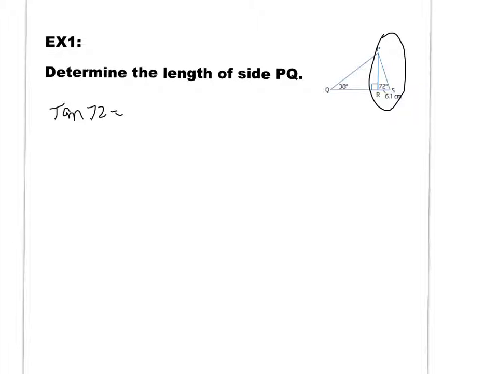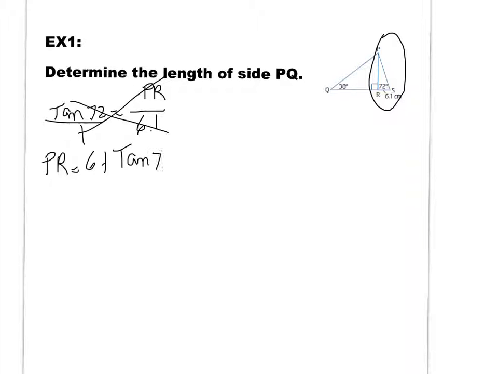Opposite to angle 72 is PR, divided by adjacent, which is 6.1 centimeter. Now, this one is really tan 72 over 1, so if I crisscross here, I'm going to get PR is equal to 6.1 tan 72. If you simplify this one, you get PR is about 18.8 centimeter. So that's going to be your PR.